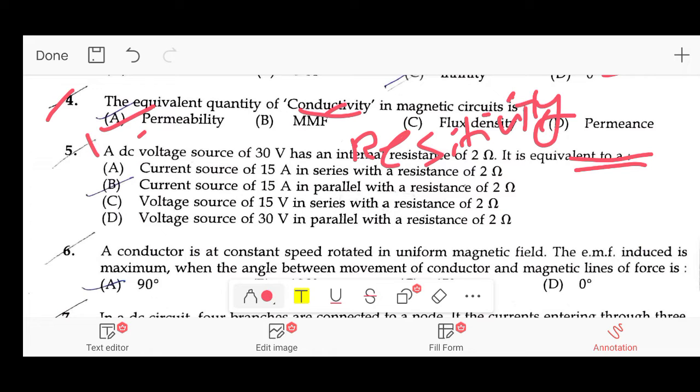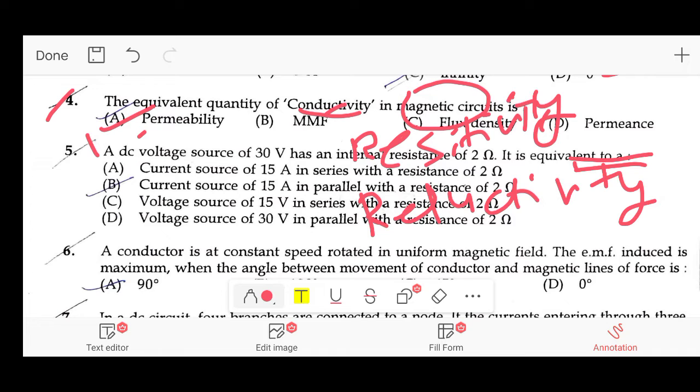If they are asking the equivalent quantity of conductivity, inverse, in a magnetic circuit, then the answer is going to be reluctivity. If a magnetic circuit is not mentioned, then the answer is going to be resistivity. Here they are asking the equivalent quantity of conductivity in a magnetic circuit, so the answer is permeability.